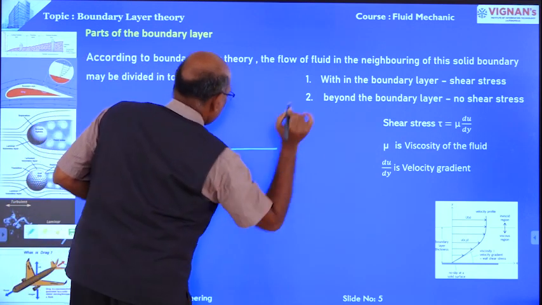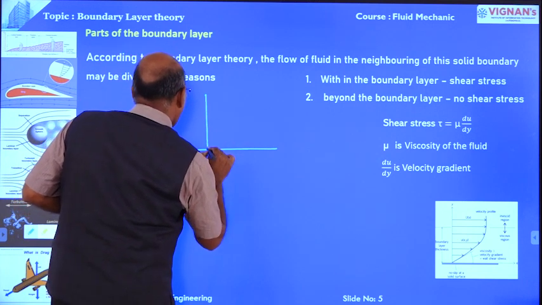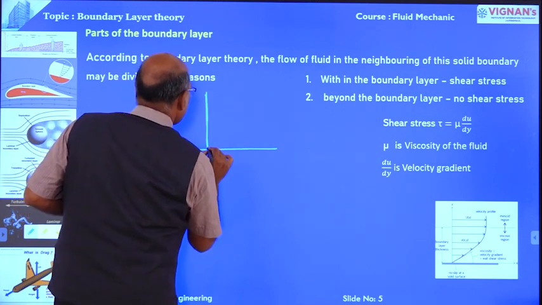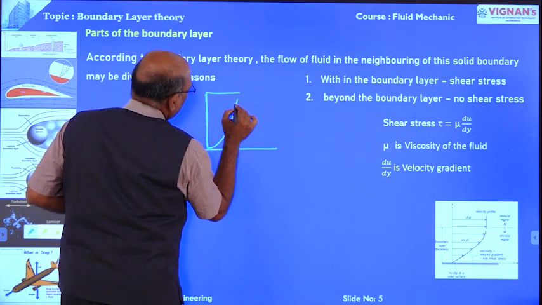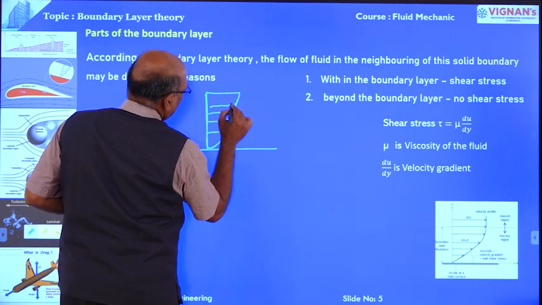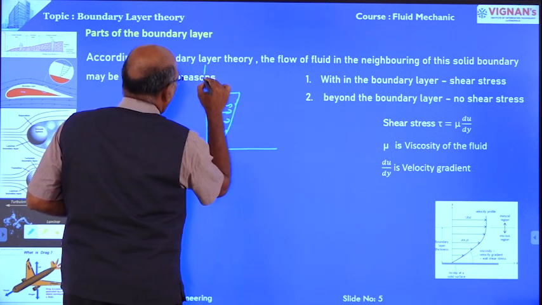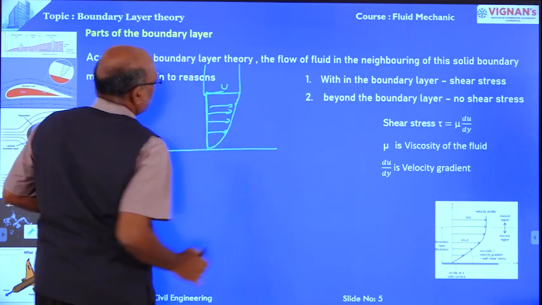Right, now this is the boundary. The velocity normal to the boundary gradually increases. At one point it reaches the free stream velocity u.